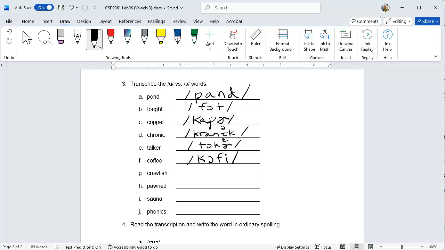Next word is crawfish. At least that's how I say that. I've heard some variation. But if that's the pronunciation you get, aw vowel in that case. Crawfish is one of those kind of odd words that has about equal stress between the two halves.